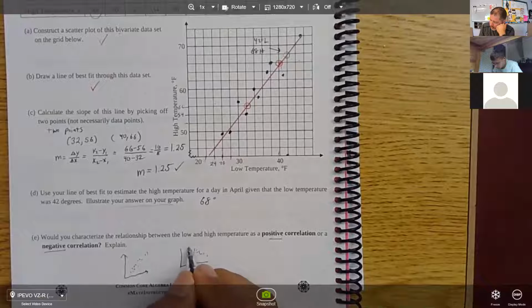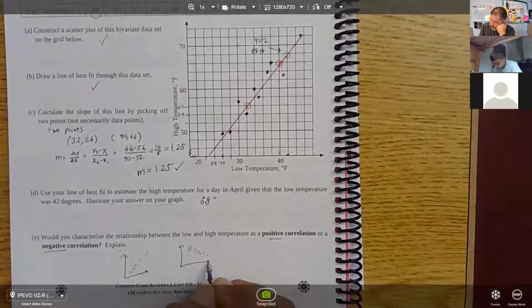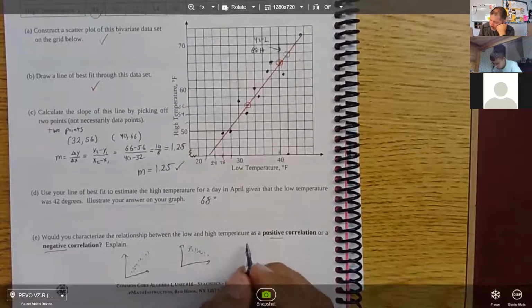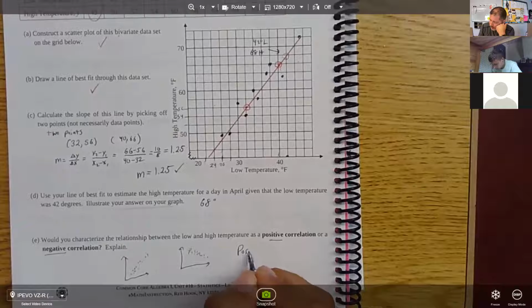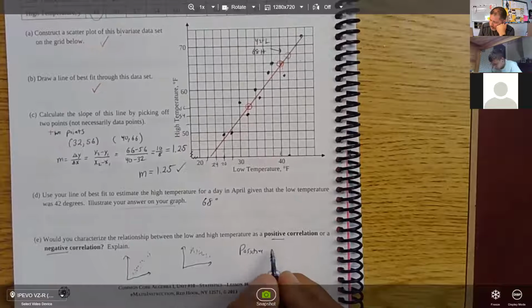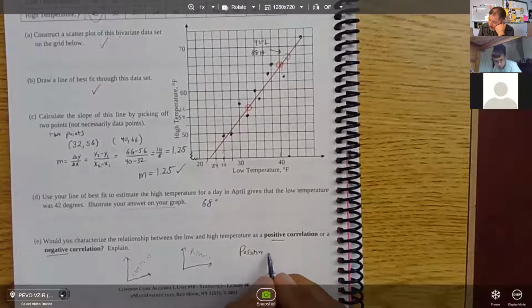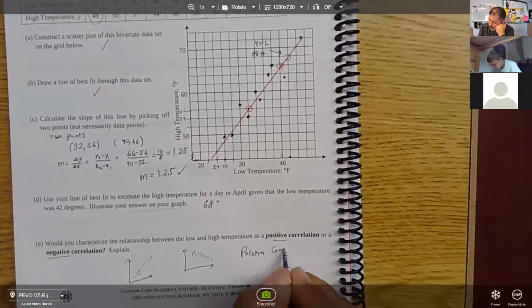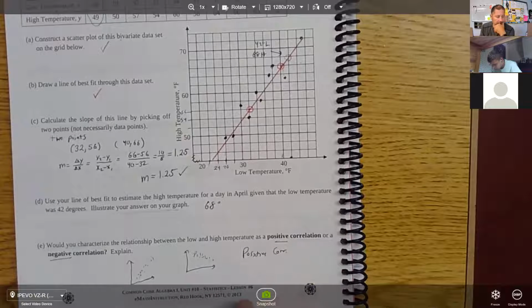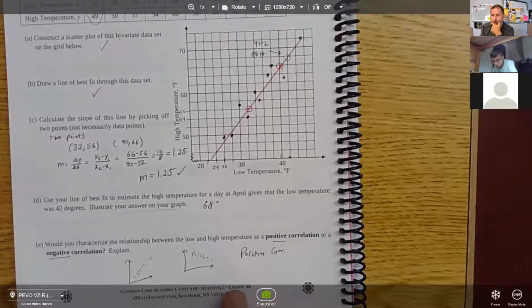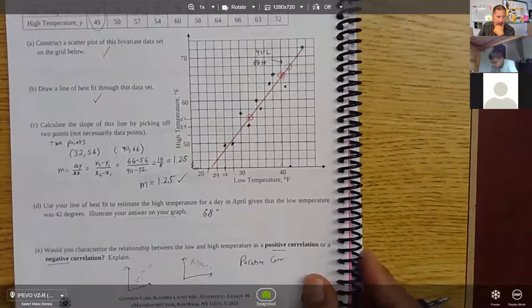All right. So those are correlations. In this case, it's called a positive correlation because as low temperature goes up, high temperature goes up. All right. Any questions on the first page? I don't think it's that bad. All right, let's go ahead and turn the page.